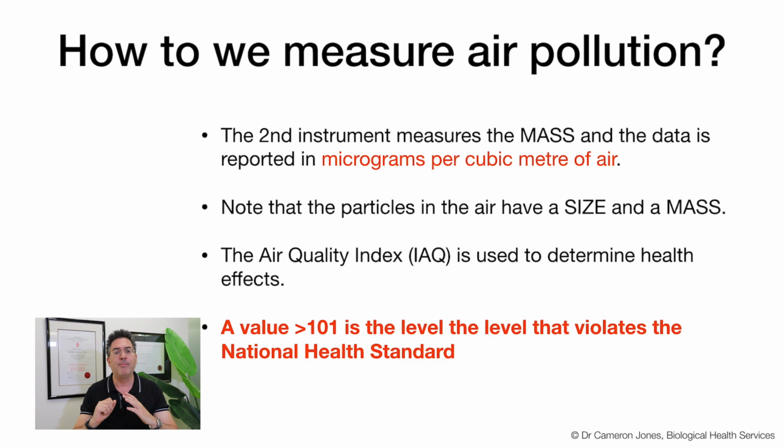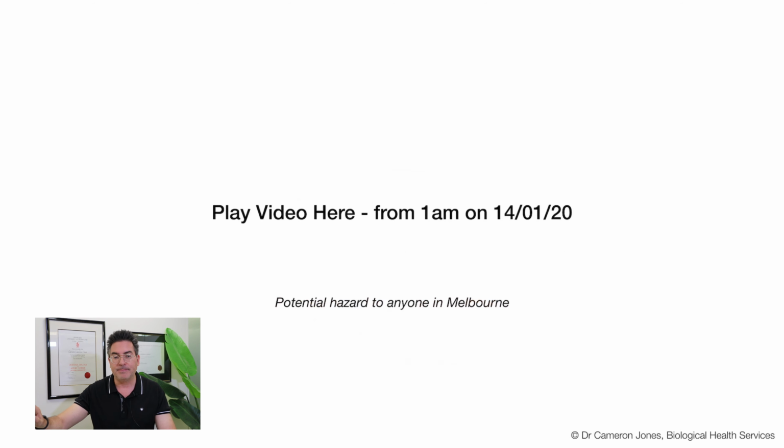And the important thing to note in all of these health metrics is that a value beyond 101 is the level that violates the National Health Standard for exposure to particulate matter in the air.